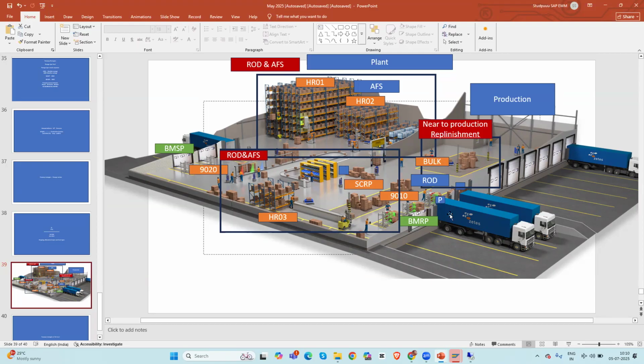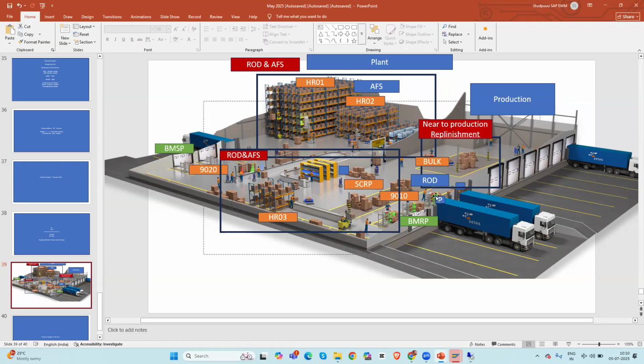You should dock to which door? Which staging area? This information is available in the EWM system, right? Now EWM will decide which door the truck should come to. So generally these doors belong to a storage type.